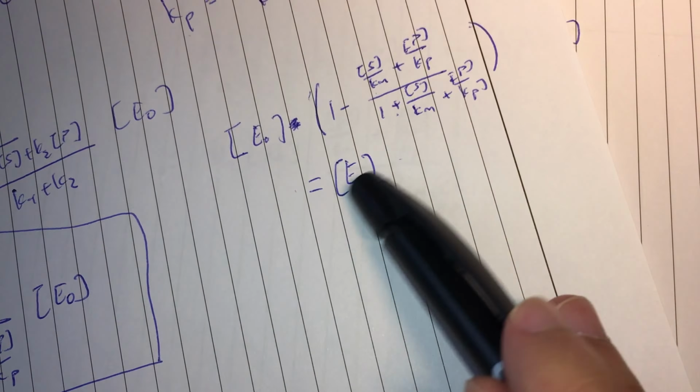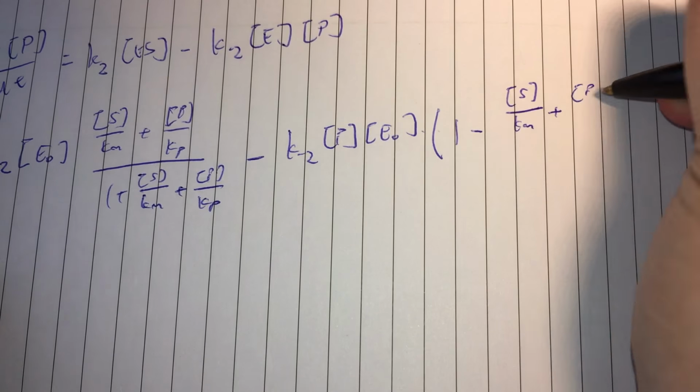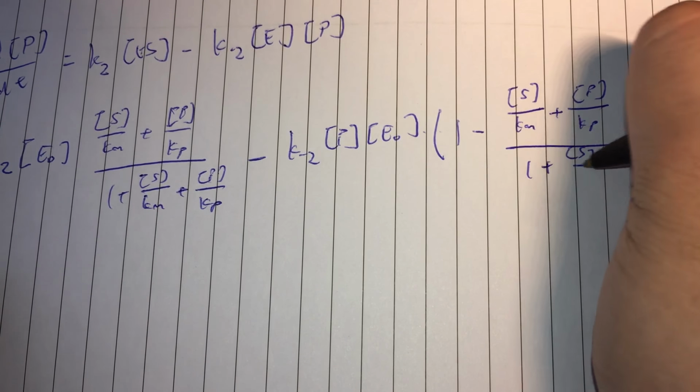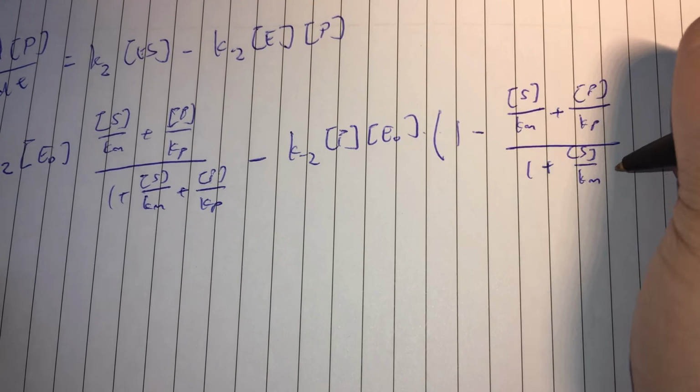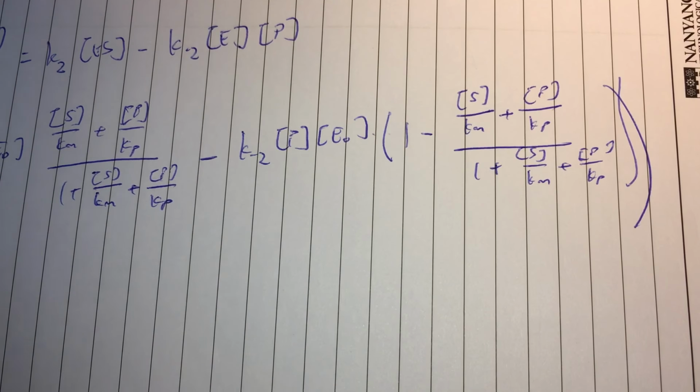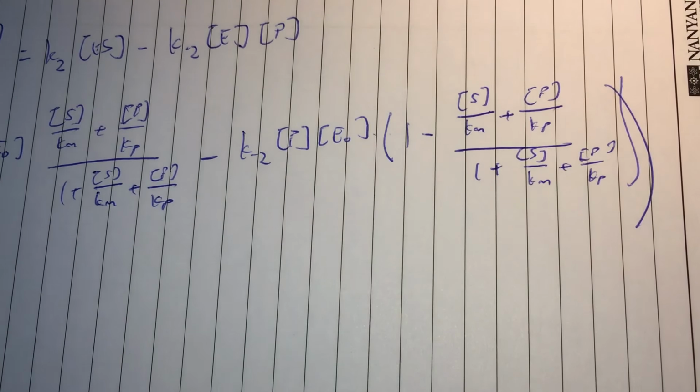So let's just start with the E naught first: E naught, 1 minus S over Km plus P over Kp over 1 plus S over Km plus P over Kp, close bracket here, and we're partially done.